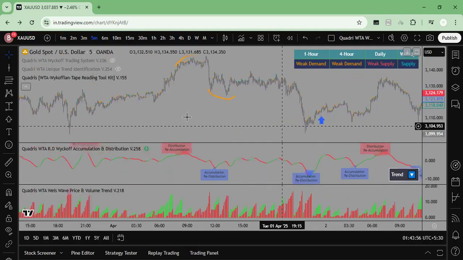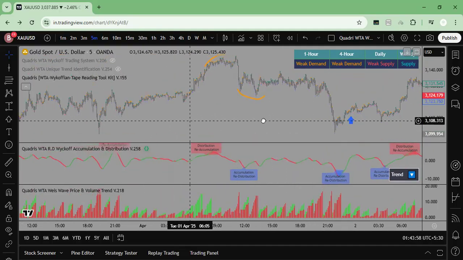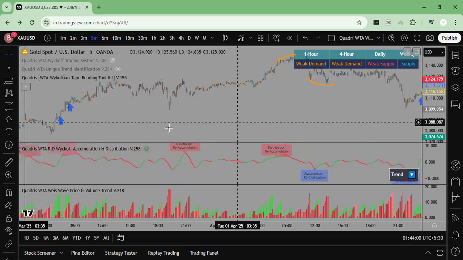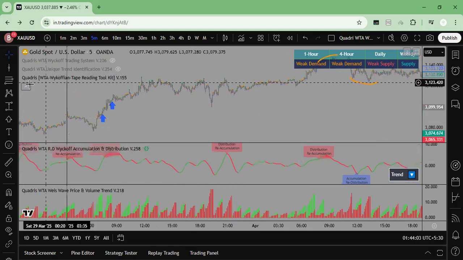So how I got into a trade and why I got into a trade, so that you'll understand the application of this accumulation and distribution tool and price and volume trend, devised from the work of David Weiss. And based on this tool, how I assess the market and how I use the 155 version, that is my day trading certificate, for assessment of demand and supply in the market.